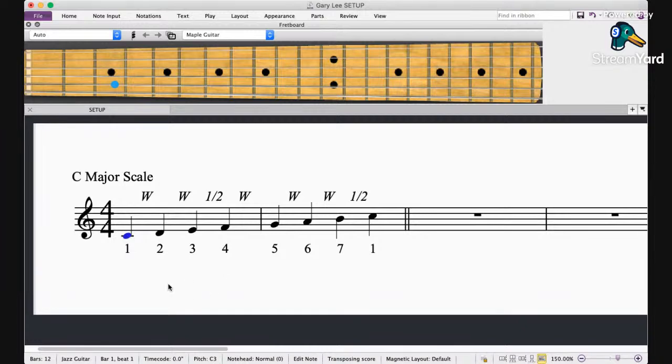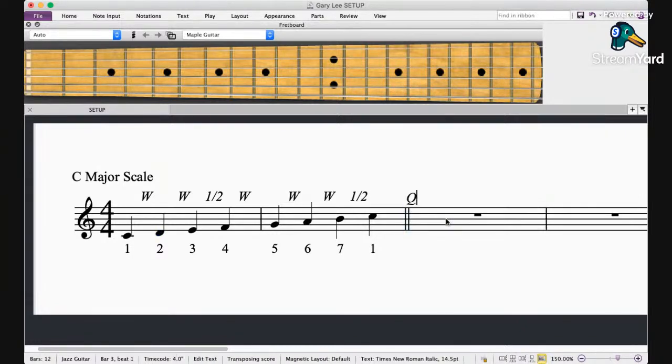So the letter name of the two notes involved tells us the quantity of the interval. For example, this is the note C and this is the note D. So from C to D is a second because they're two notes apart here.